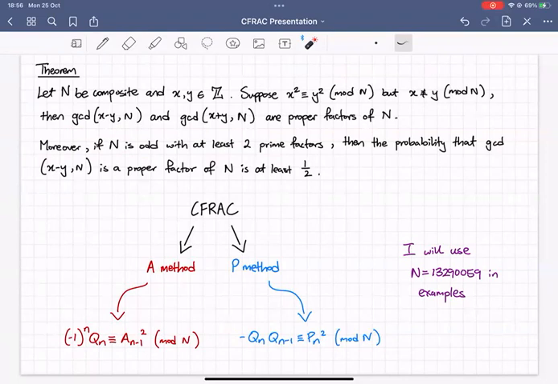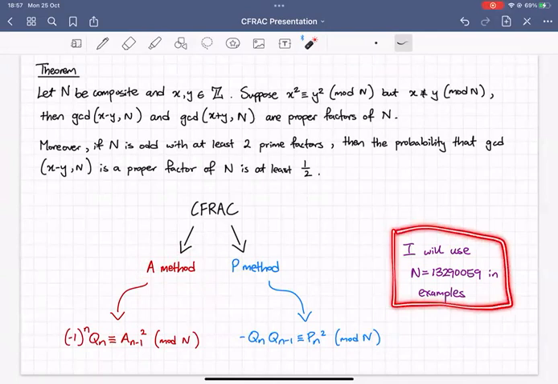And so now we come back to the A method and the P method. The reason I called this method the A method is because it uses the A's, and the P method because it uses the P's. Later on, I will actually factor an integer using the A and the P method. This is the integer that I'll use, and don't worry, I'll remind you what the number is.